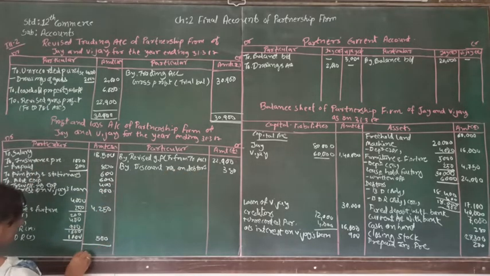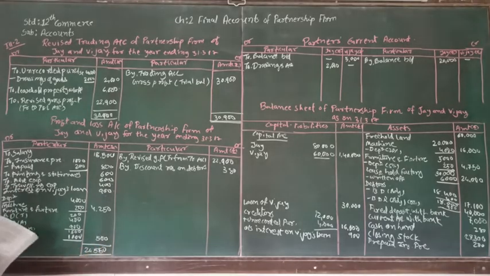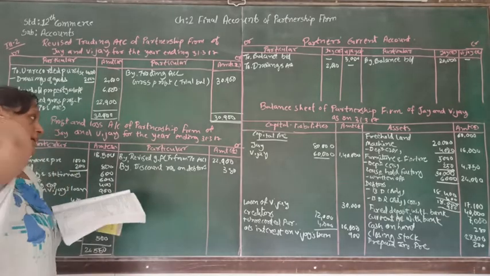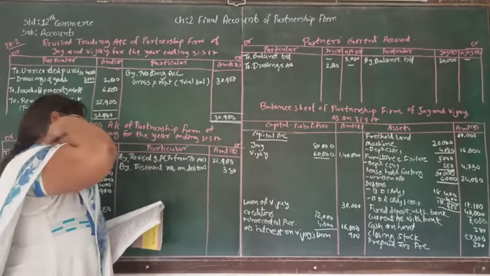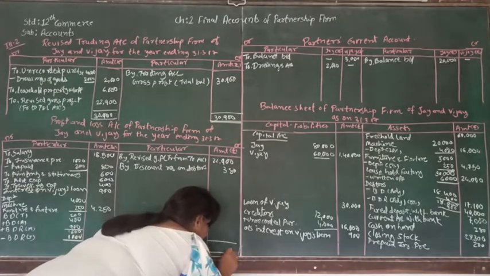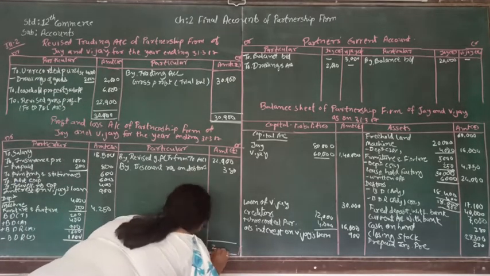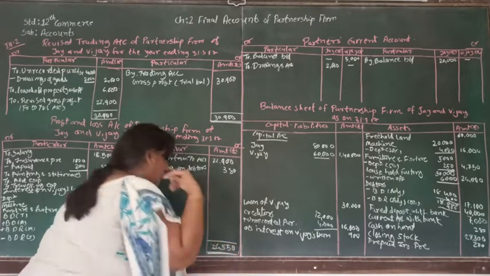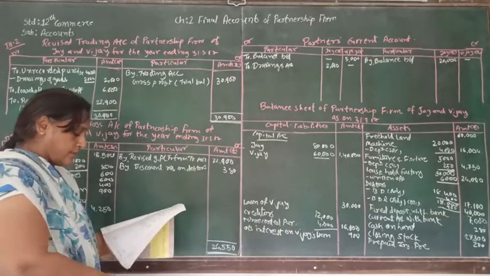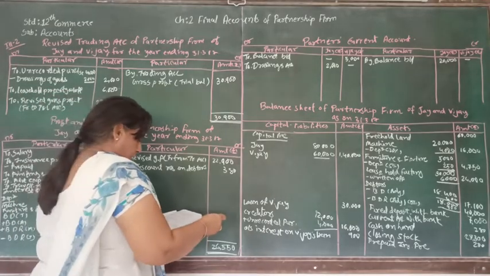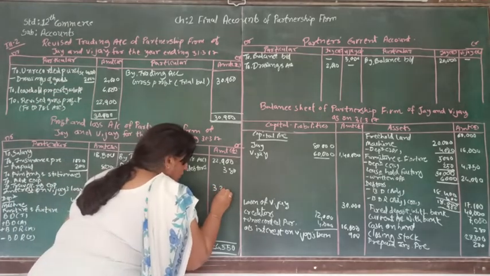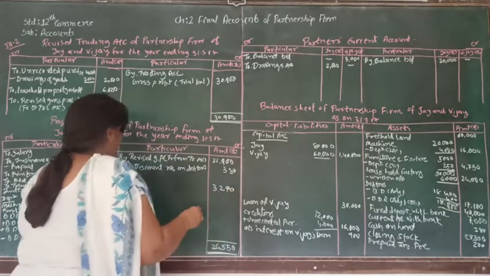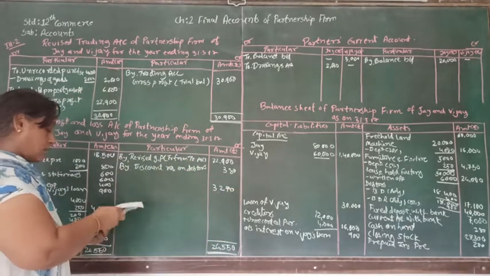The total of this side is 26,550. This 26,550 we are going to take to the credit side, and from 26,550, if we deduct these two, then we get 3,270. So this is our net loss.